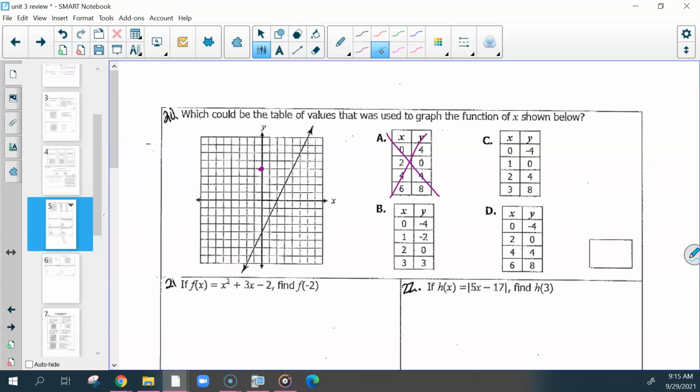For B, 0, -4, that's on there, but I have to check them all because one could work and not the others. 1, -2, that works. 2, 0, that works. 3, 3, it was so close, but that one didn't work. Unless I found the wrong one. 3, that one did not work.